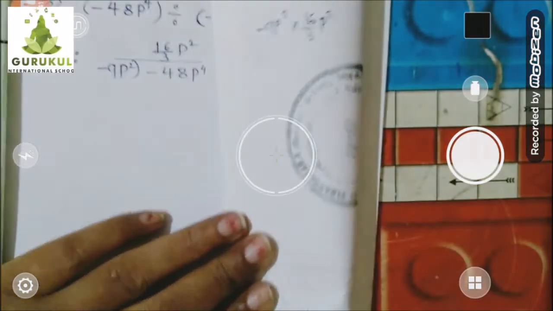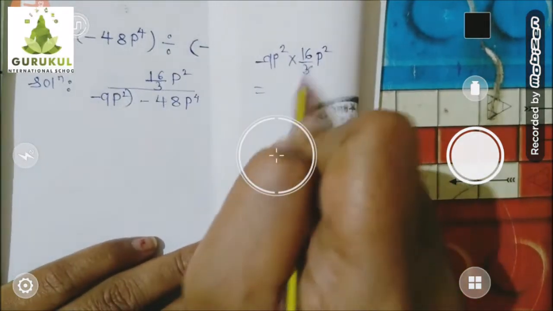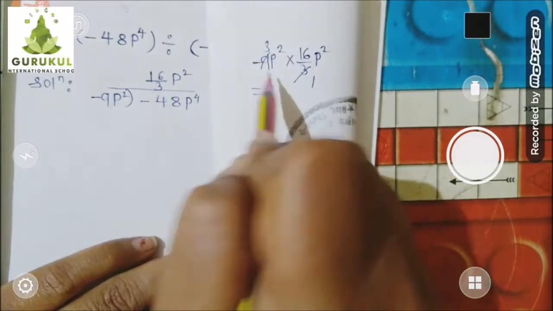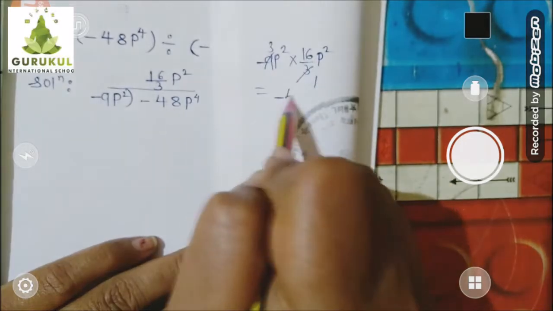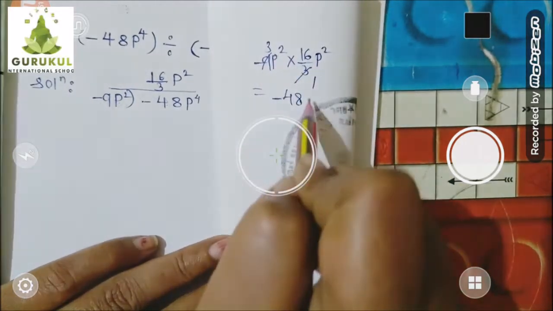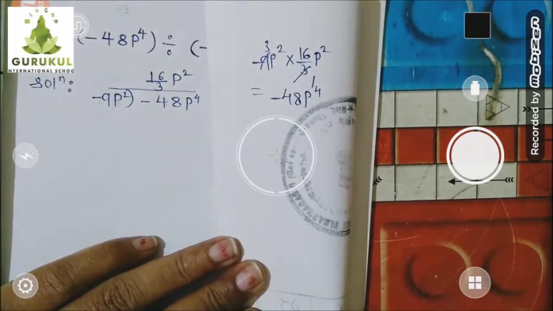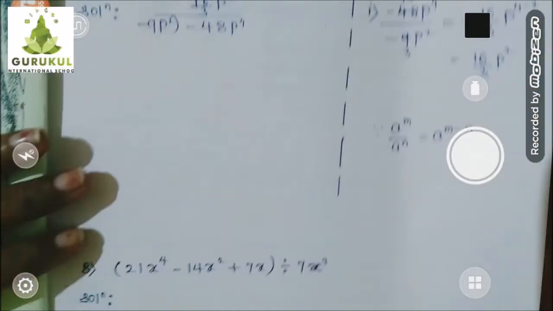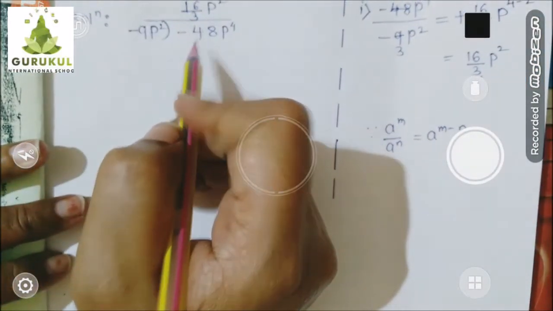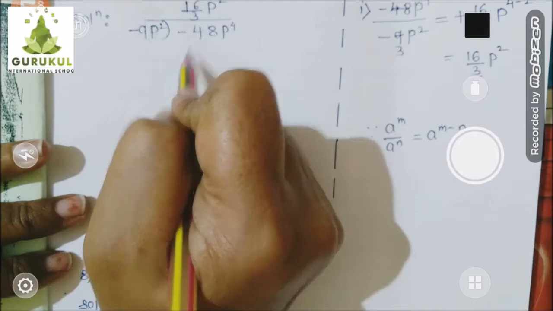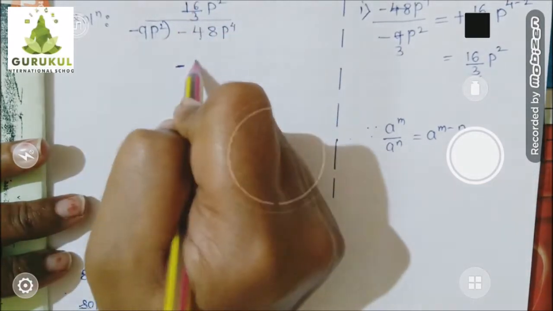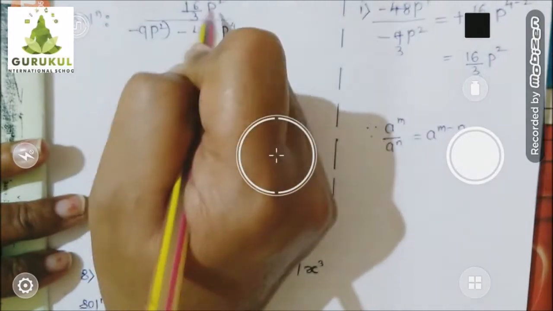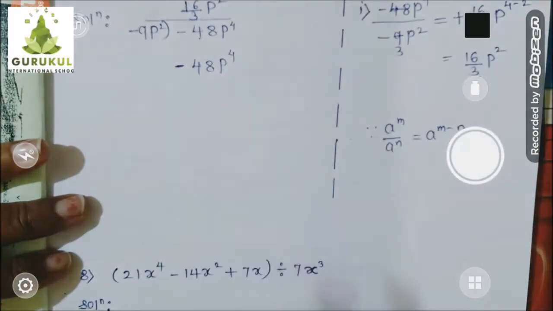If you multiply, children, you will find 3 ones are 3, 3 threes are 9, plus into minus is minus. 16 threes are 48, and p square into p square is p raised to 4. So this multiplied by this, you will get the same number: minus 9 into 16 upon 3 is 48, and p square into p square, p raised to 4.